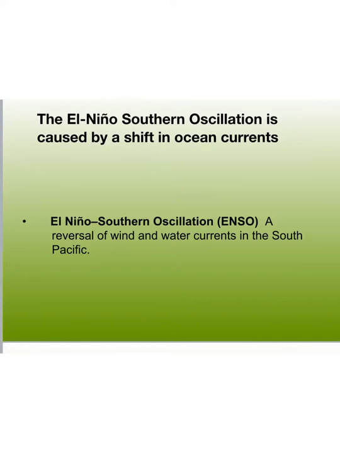And the irony is that this usually occurs somewhere around December 25th, Christ's birthday, and so that's why it's called El Nino, which means baby boy. But this phenomenon is due to a reversal of all the winds and water currents in the South Pacific, and it has a huge weather pattern effect when this happens.